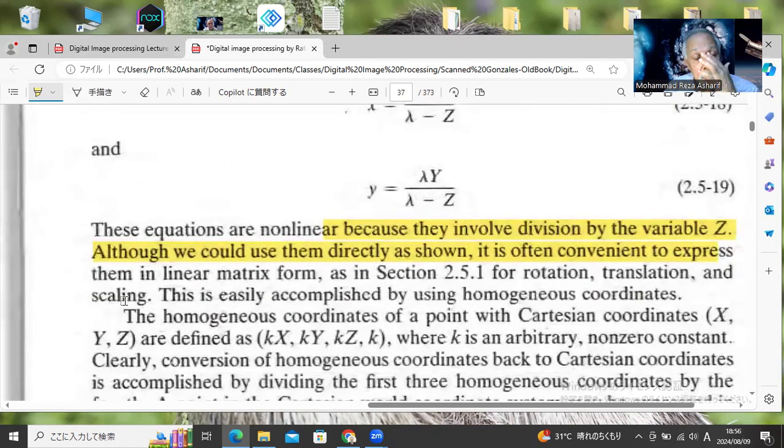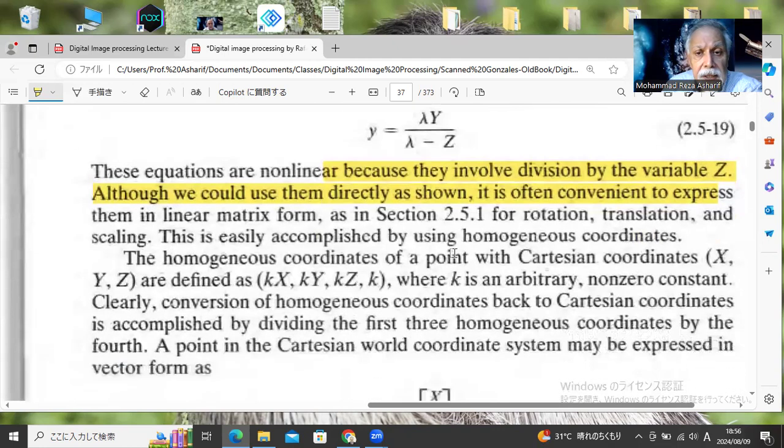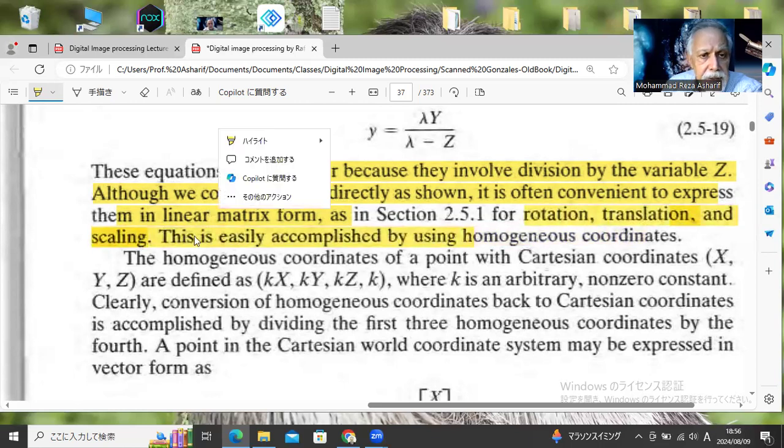Although we could use them directly as shown, it is often convenient to express them in a linear matrix formula, like in sections 2.5.1 for rotation, translation, and scaling. As I told you before, scaling, rotation, translation are easily accomplished by using the homogeneous coordinate.